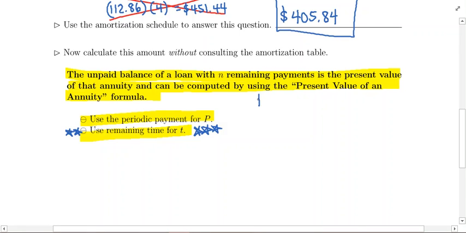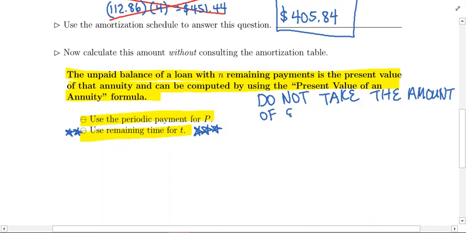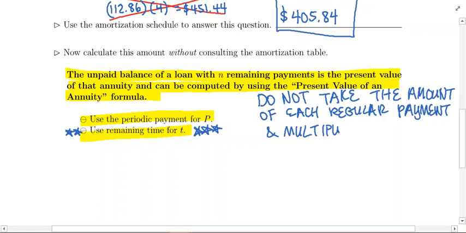I'll even write that here: do not take the amount of each regular payment and multiply by the number of remaining payments. That's wrong because it's still taking interest into account.